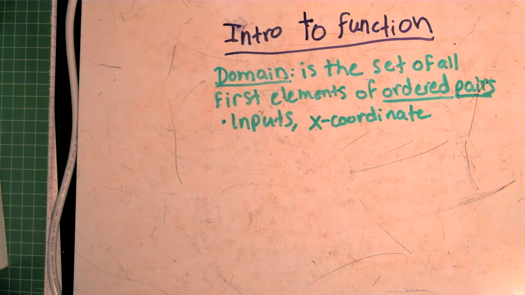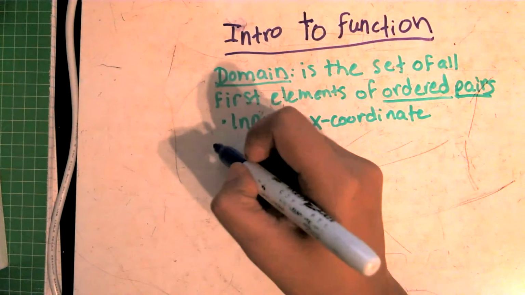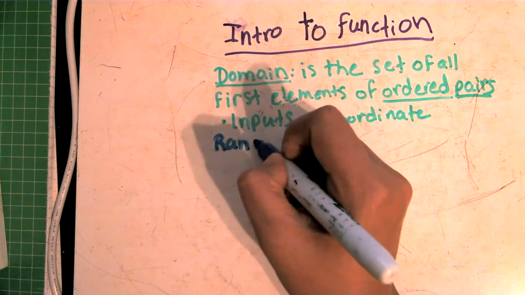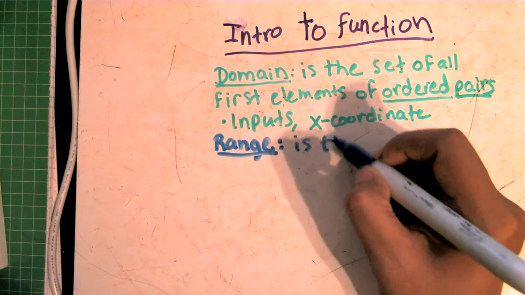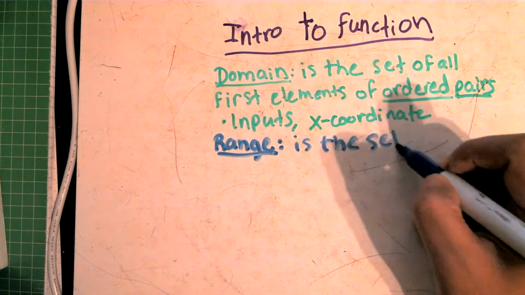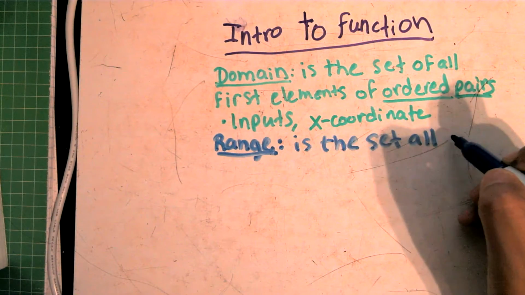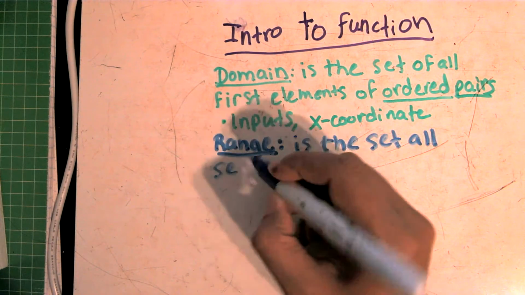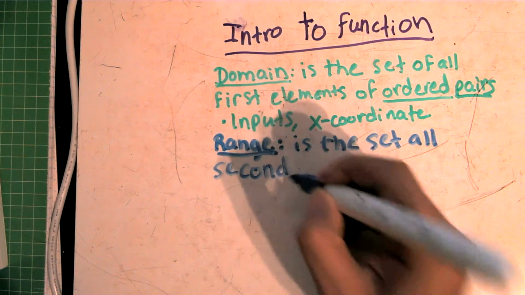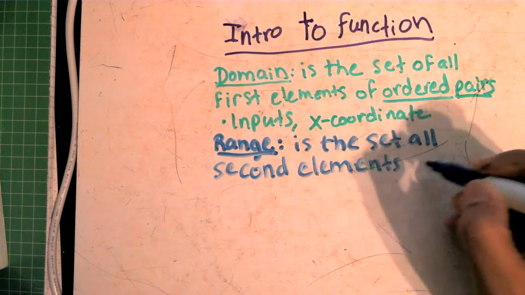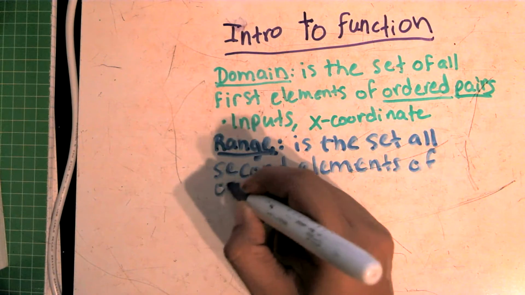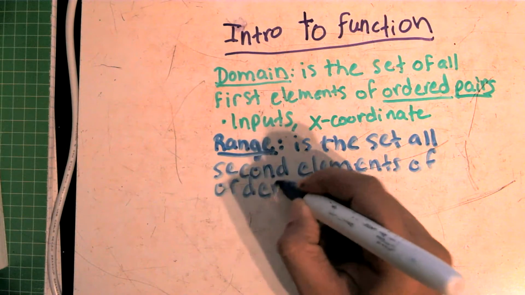The other vocabulary that we need to be introduced to is called the range. And the range is the set or list of all second elements of ordered pairs. Because I'm running out of ink for this.